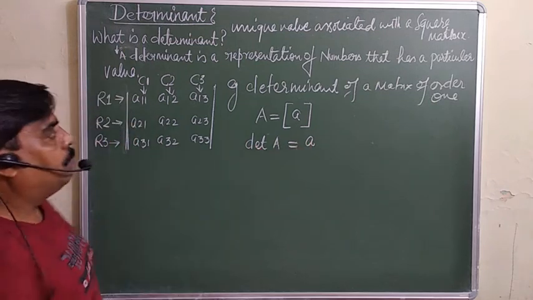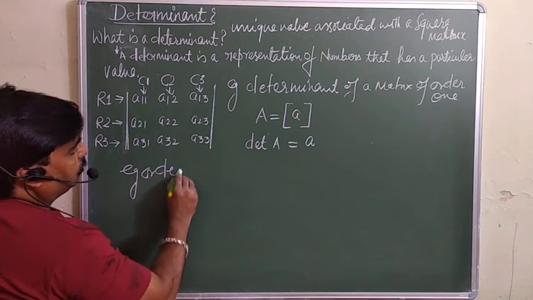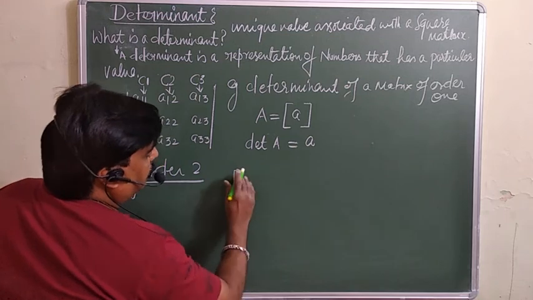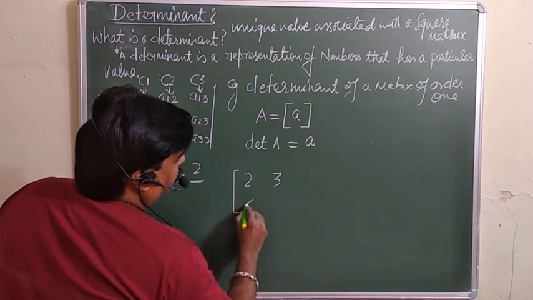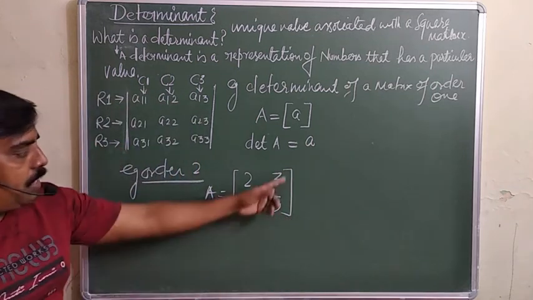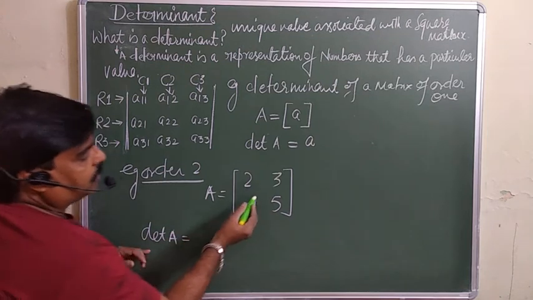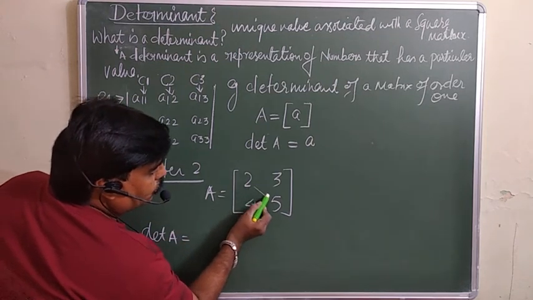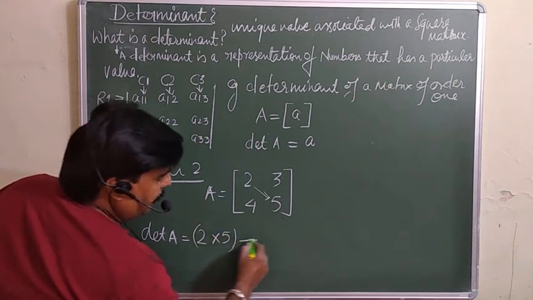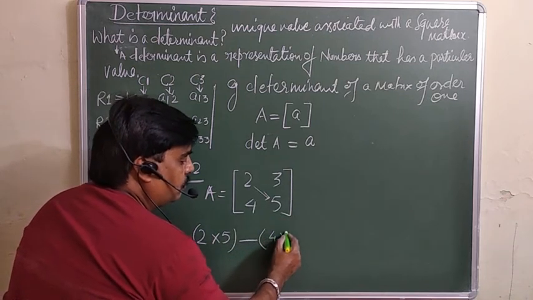So the determinant of this will be the element itself, that is, A. But suppose you take an order 2 matrix, say 2, 3, 4, 5, and you want to take its determinant. The determinant of A will be equal to, we multiply up to down first, 2 into 5, then minus down to up, 4 into 3.